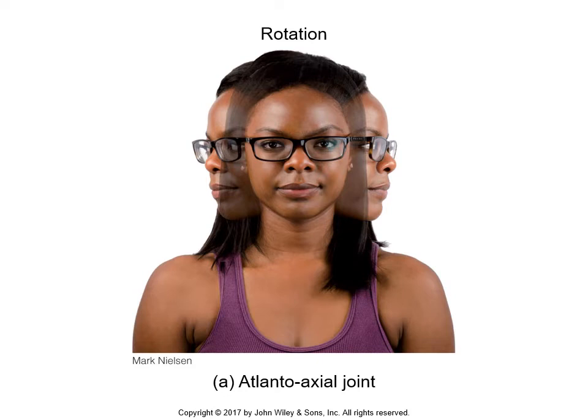So the atlantoaxial joint. Atlanto is the atlas, the first cervical vertebra, and axial is the axis, the second cervical vertebra. There's a joint between the two of them. If you remember, off of the second cervical vertebra, off of the axis, there was something called the odontoid process.